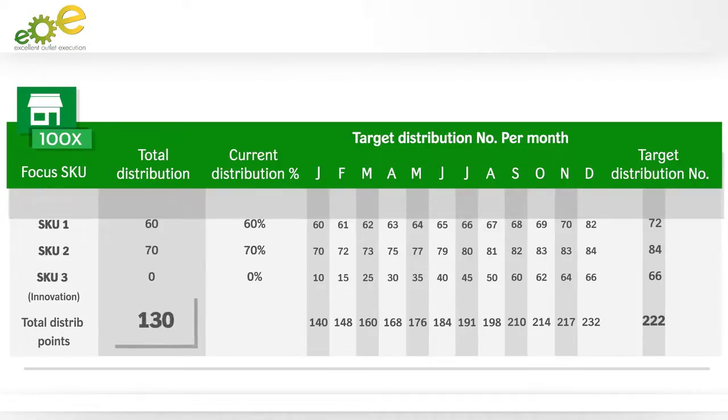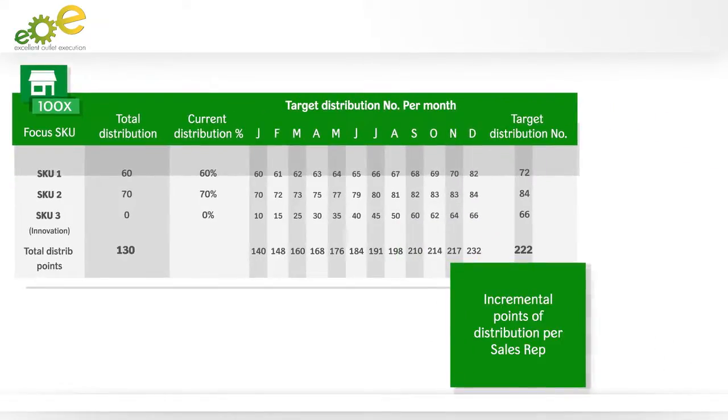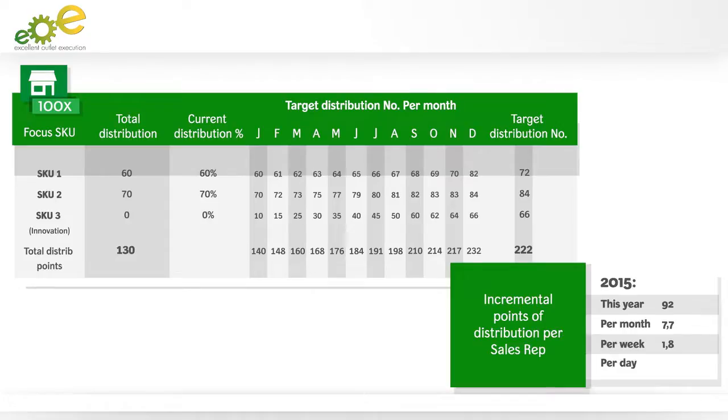Subtracting this 130 from the target of 222 distribution points tells us he has to achieve 92 incremental distribution points per year. Drilling down further, that's 92 divided by 12 is 7.7 incremental distribution points per month. 92 divided by 52 weeks, 1.8 per week, and just 0.4 per day.